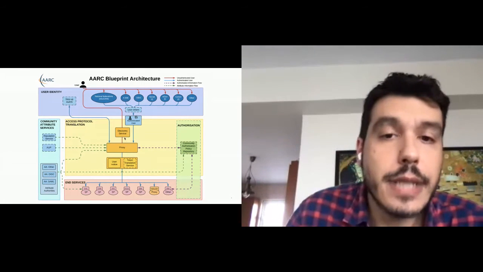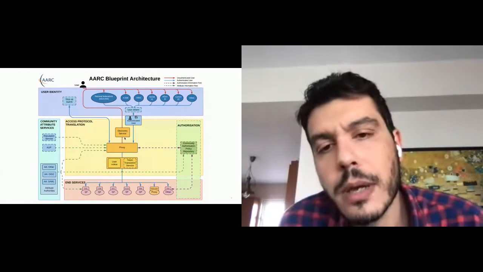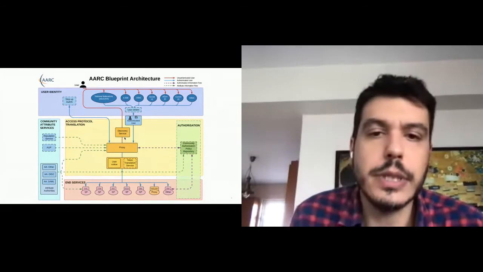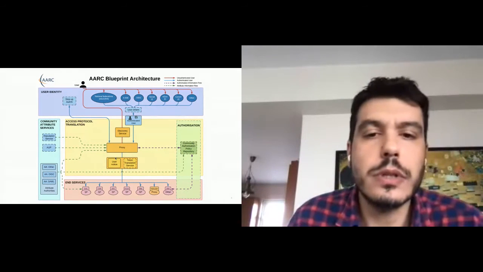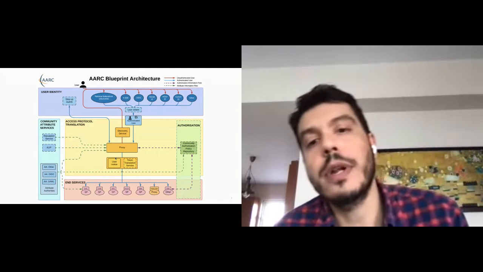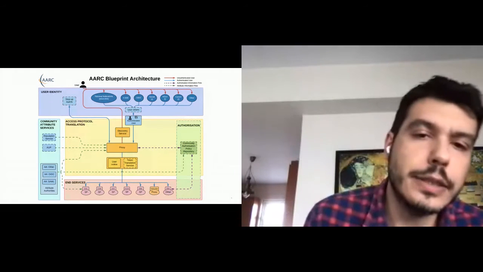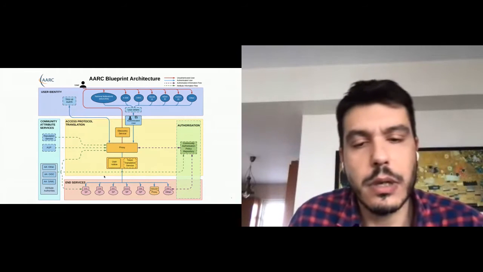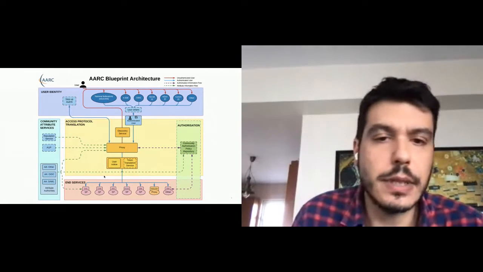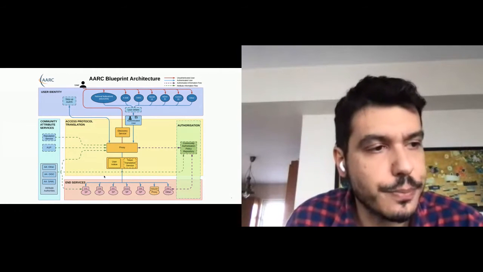Then there is the discovery service, which allows researchers to choose their authenticating provider. And lastly, there's the user notice component that is responsible for informing the user about the attributes that are going to be released to the various services that are made available to the collaboration.